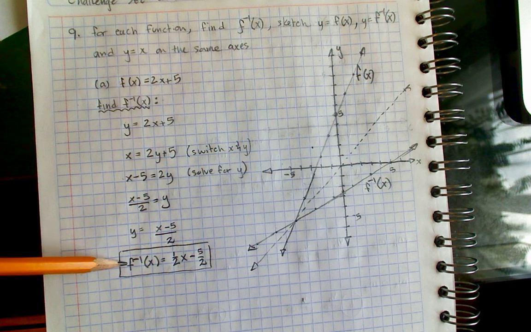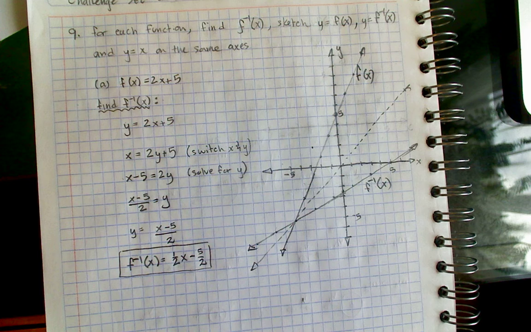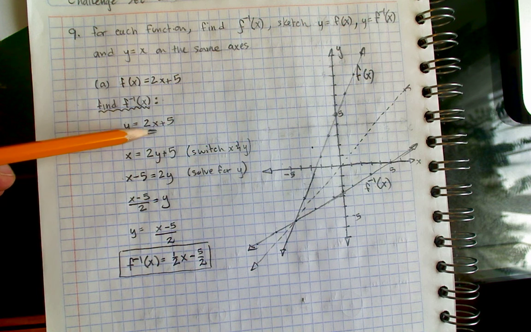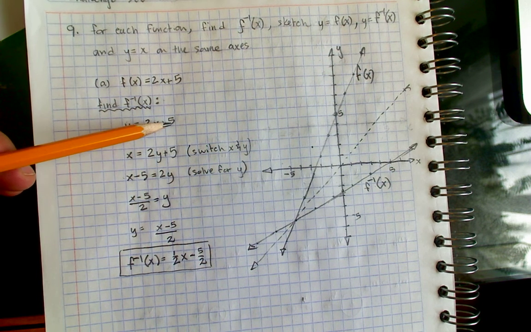And then finally I go back to my function, in this case inverse function definition, and I can say that the inverse of f of x is, and I rewrote this in slope-intercept form because I know that I'm going to have to graph it. But it's worth noting, the original function takes a value, multiplies it by 2, and then adds 5.